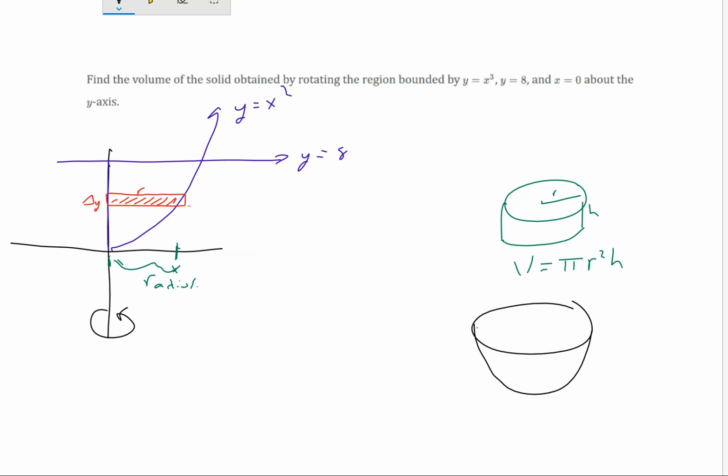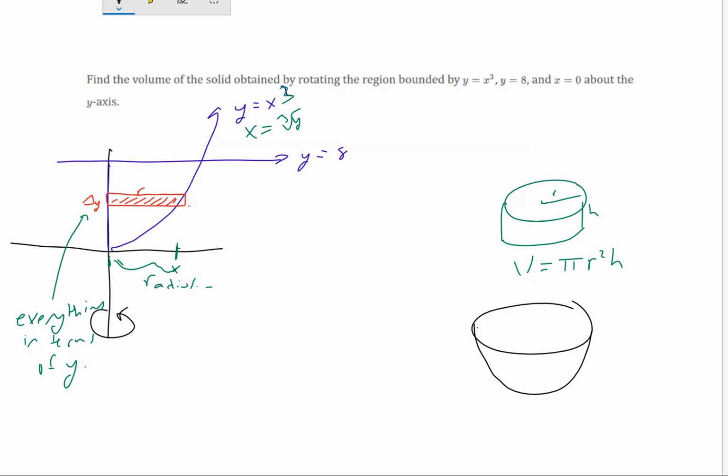Well, because I have a delta y, I want everything in terms of y. So instead of an x coordinate, I need to look at that equation and ask, what does x equal in terms of y? If I solve that for x, that was supposed to have been a cube, it looks more like a square, that's the cube root of y.